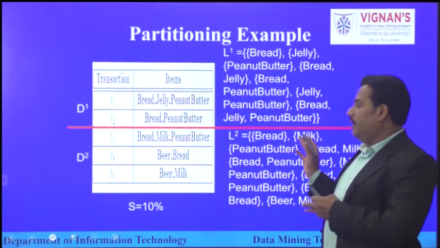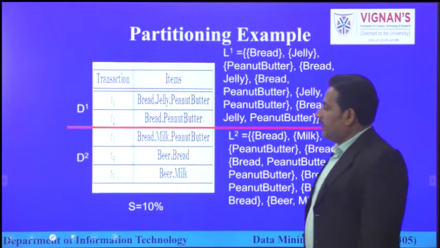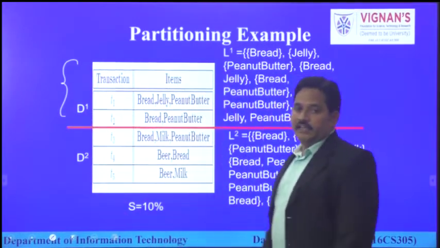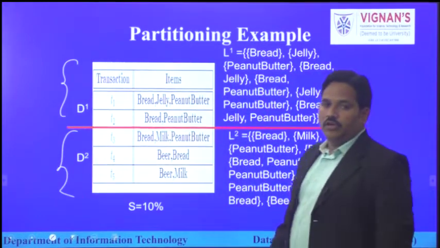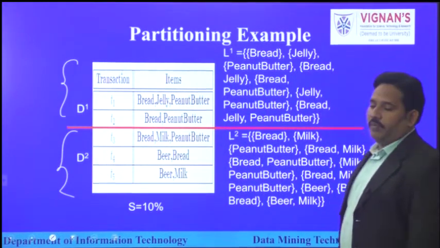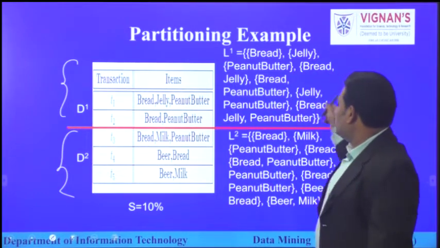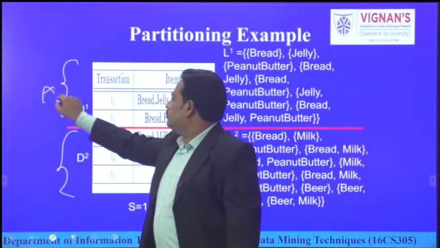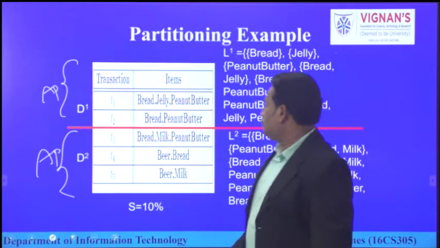So the total database is having 5 transactions. We divided 2 transactions into partition 1, that is D1, and the remaining 3 transactions into D2. So D1 and D2 are the partitions. When we partitioned, on this upper portion we will apply the Apriori algorithm, and on the second portion also we will apply the Apriori algorithm.